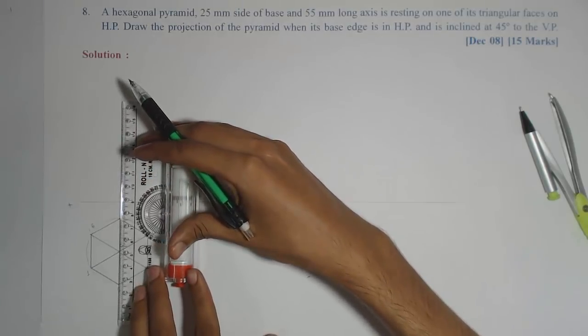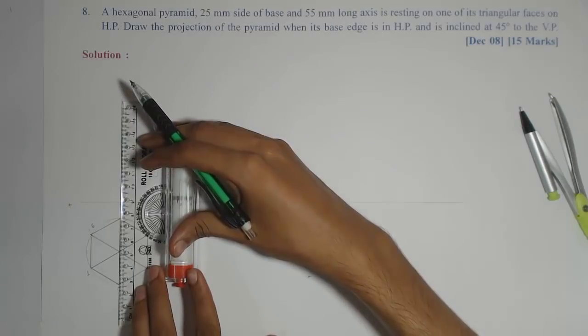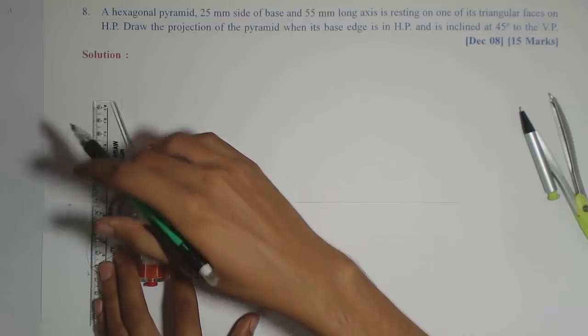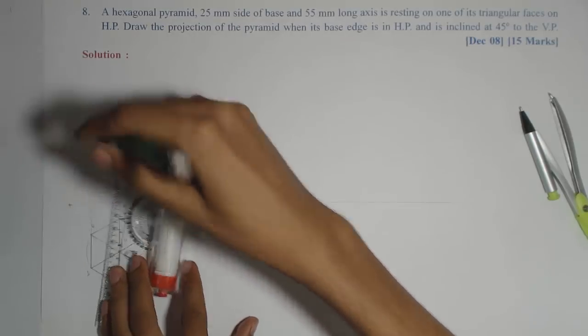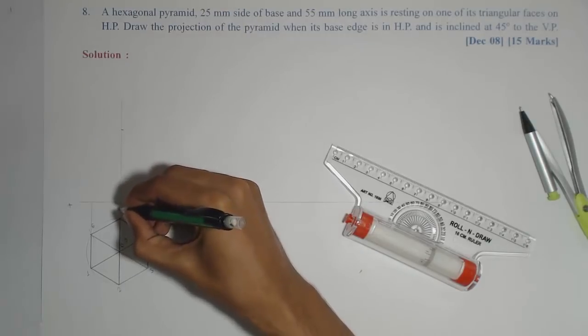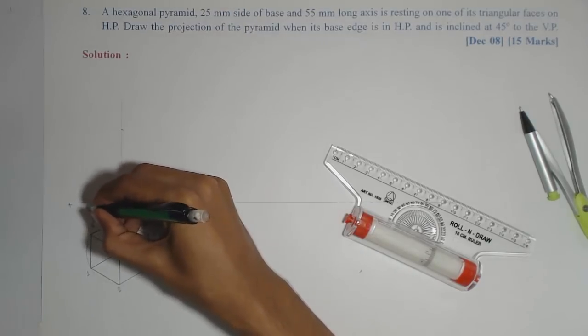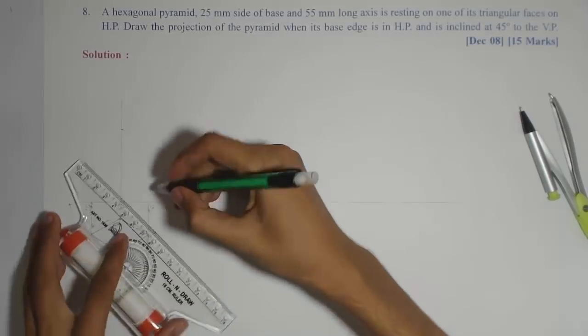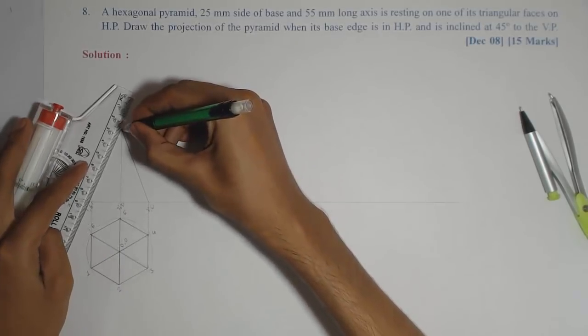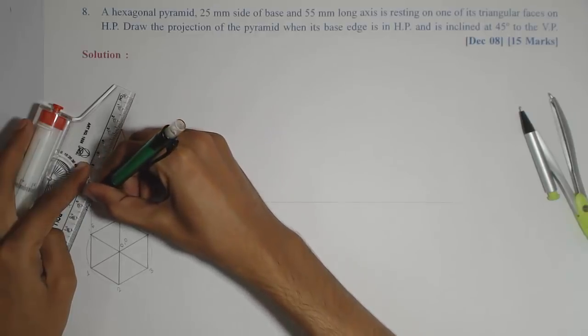Be careful while drawing the parallel lines. Okay. I will mark the corresponding points 3 dash, 4 dash, 2 dash, 5 dash and 1 dash, 6 dash. I will complete the triangle in front view by joining the slant edges.